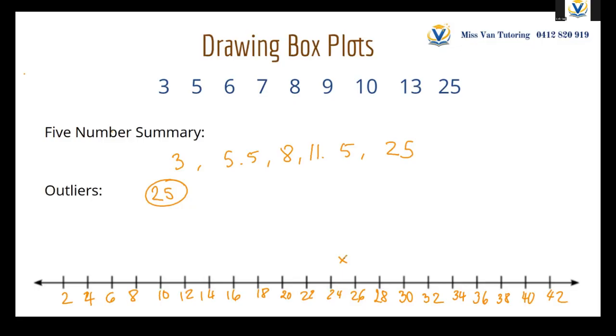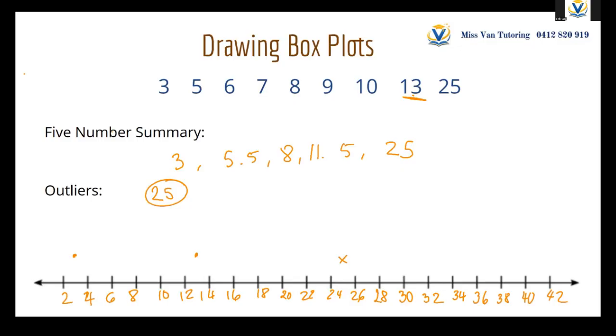So that would bring your maximum down to the second highest number. It doesn't show on your 5 number summary, but it will have to show on your box plot. So the end of the whisker would have to be 13. And then I'll draw my minimum to be a 3. So I would start by drawing the maximum and the minimum as 2 dots.